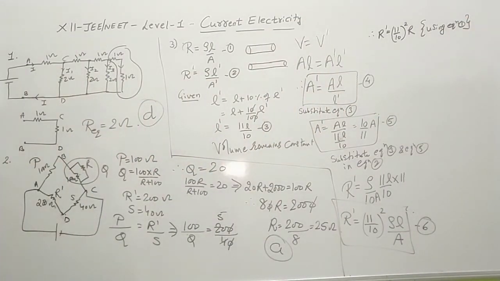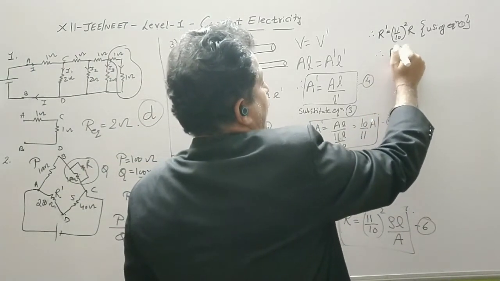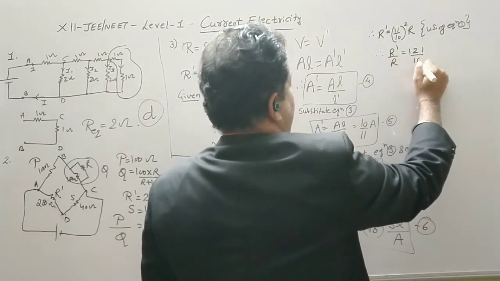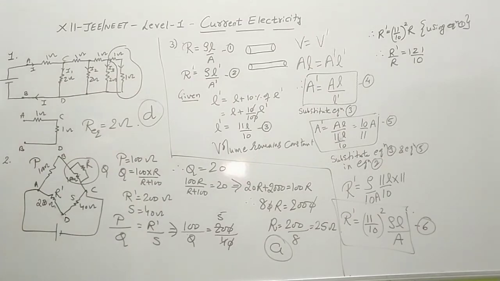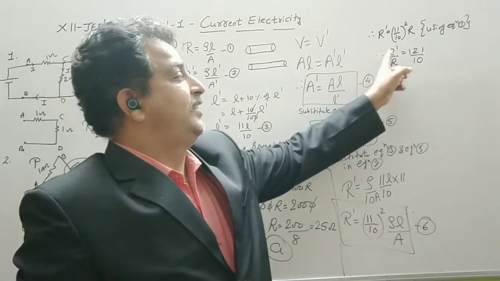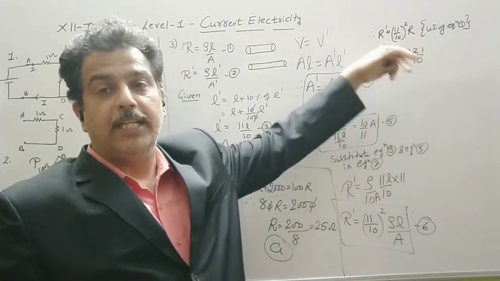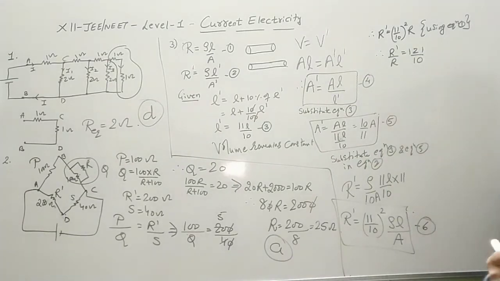Therefore, R dash upon R is equal to 121 divided by 10. So in terms of ratio, the final resistance becomes 12.1 times the initial resistance. But we have to find out the percentage change.